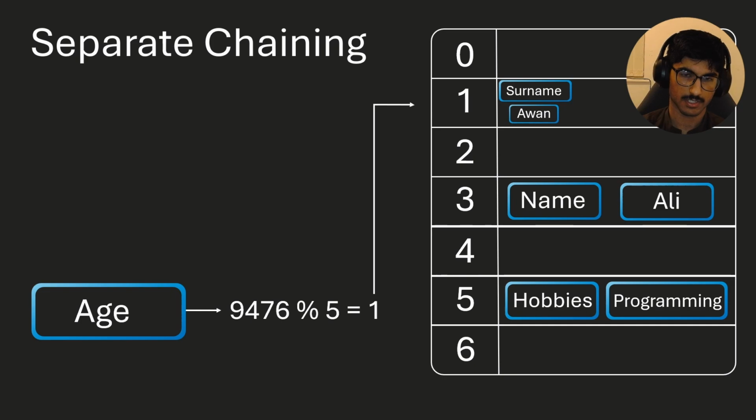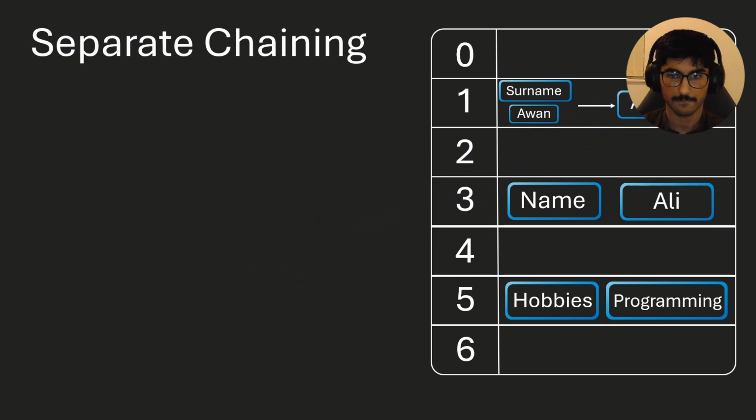Now if you guys know how a linked list works, we have a node and the node holds a pointer to the next node or the next element in the linked list. And then I can set the pointer to the next element of this linked list to be age, right? And age is another node with its key value pair.